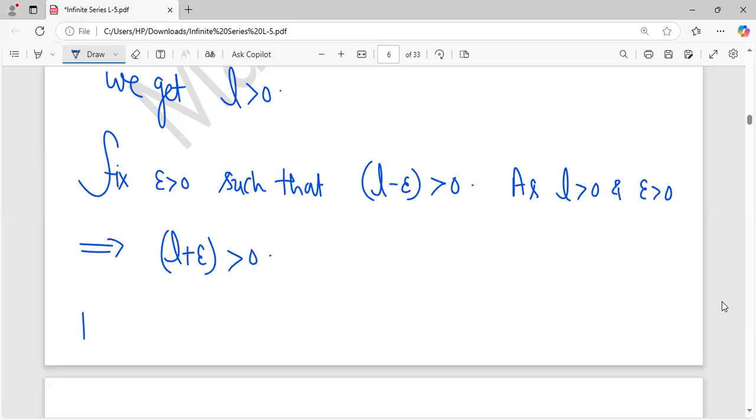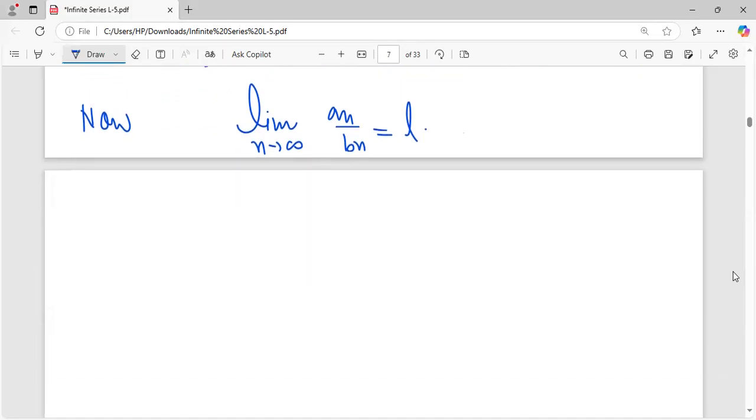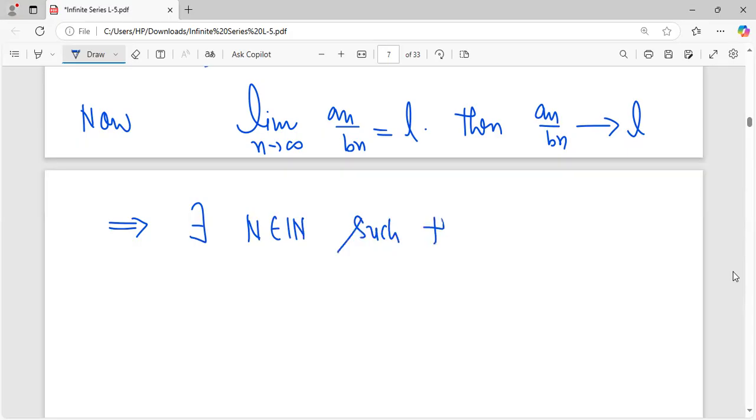Now, limit n tending to infinity a_n upon b_n is equal to L. Then the sequence a_n upon b_n is converging to L. So this implies there exists capital N belongs to N such that |a_n upon b_n minus L| is less than epsilon for all n greater than capital N.